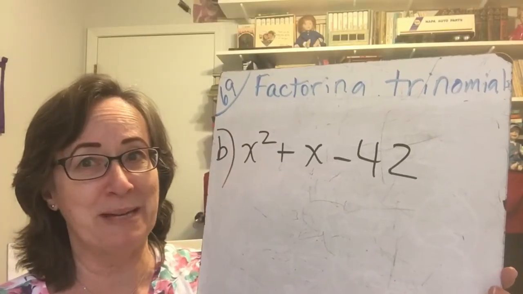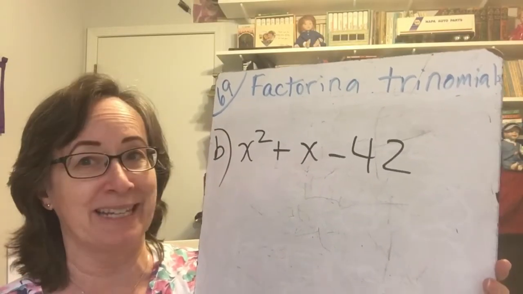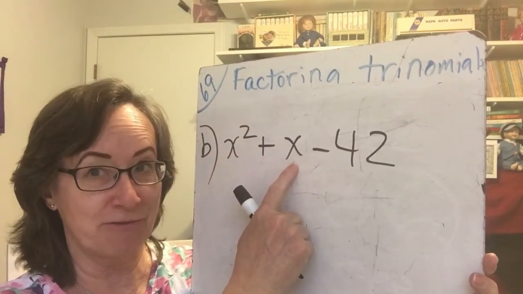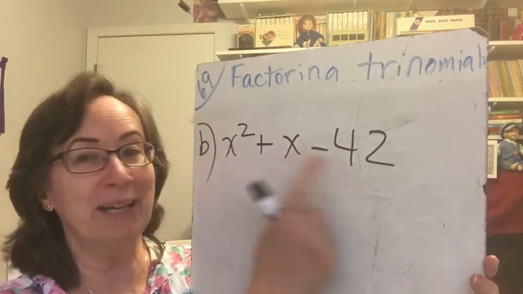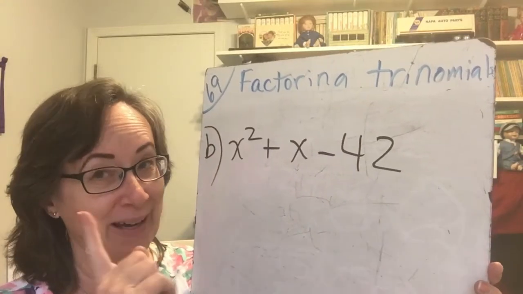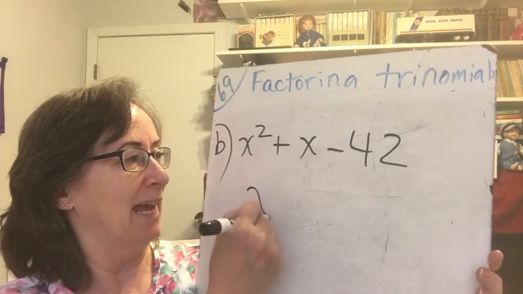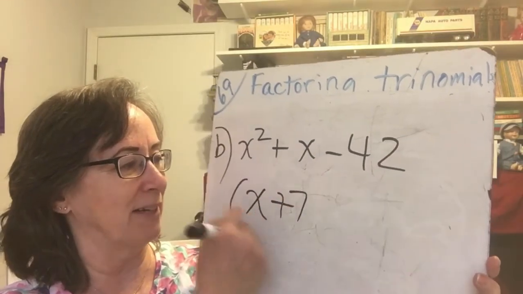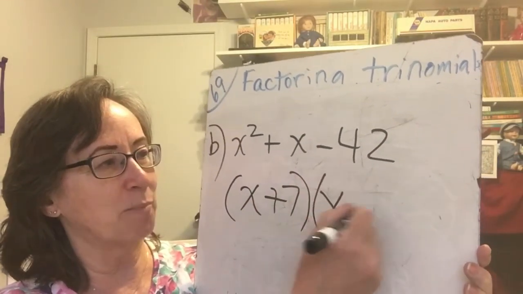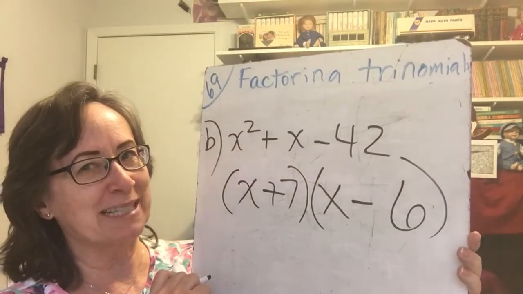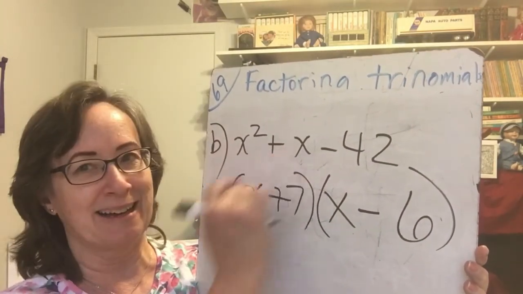All right, B is very easy after we just did the other one. Negative means this is a difference. So aren't we going to have the same 6 and 7? But now this is positive. So x plus 7, x minus 6. Okay, all they did was give us the same problem with this sign changed.